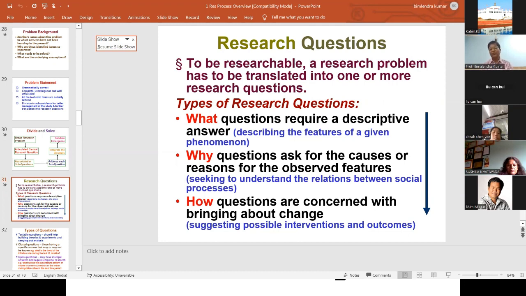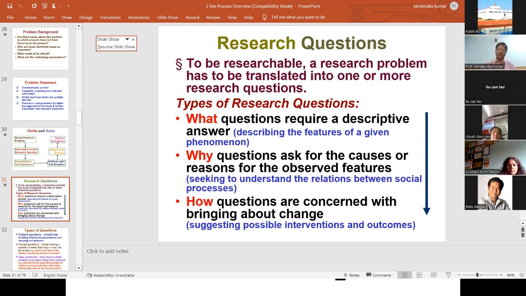What questions require descriptive answers. You have to write them down in statements. And how the events are taking place is based upon the causes and conditions. You describe or interpret the things in a very general form.